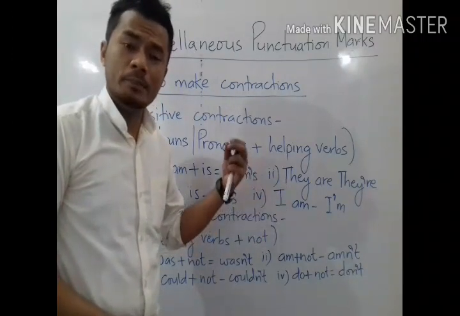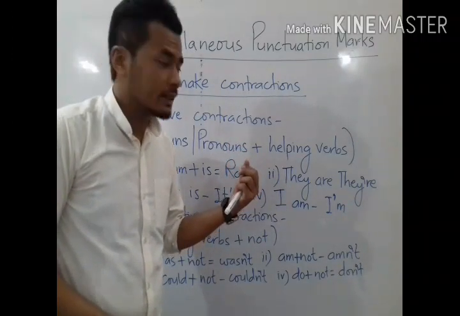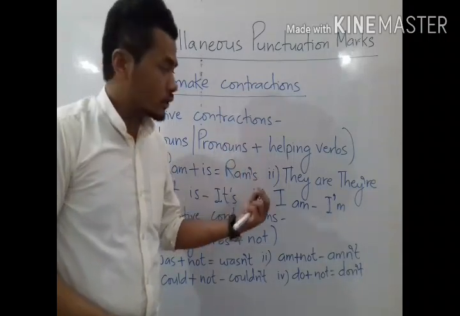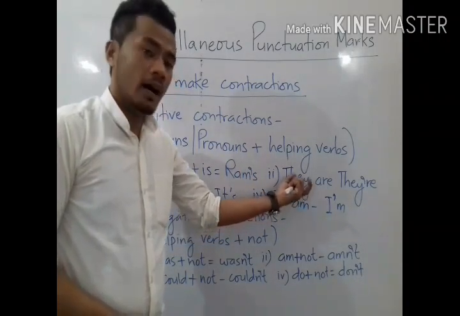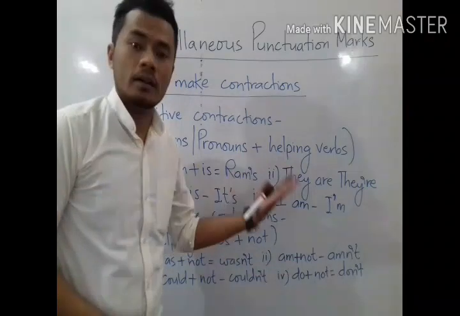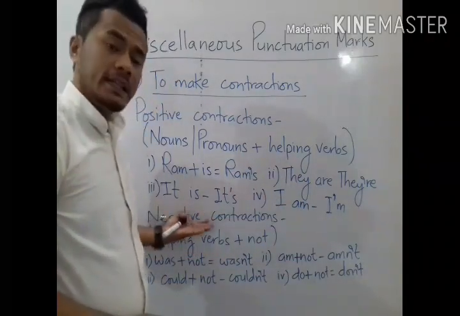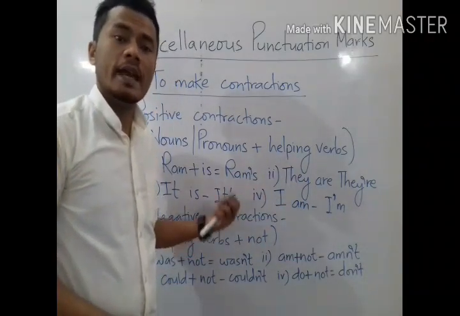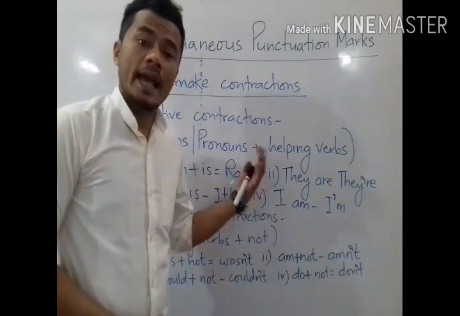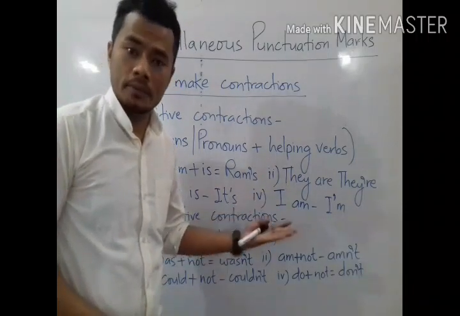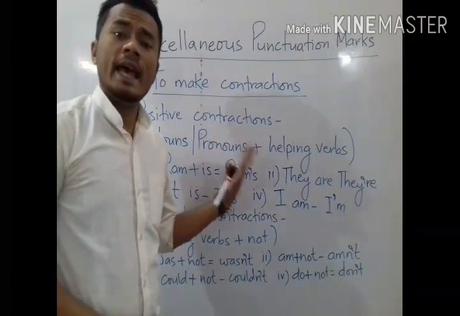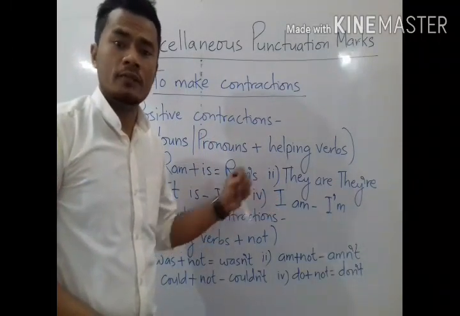So the pronunciation also changes a little whenever we make the contraction form. Here we read they are, but when it is contracted, it is they're. Understood? It is is contracted as it's. In the same way, I am is contracted as I'm. In the same way, they have, T-H-E-Y H-A-V-E.